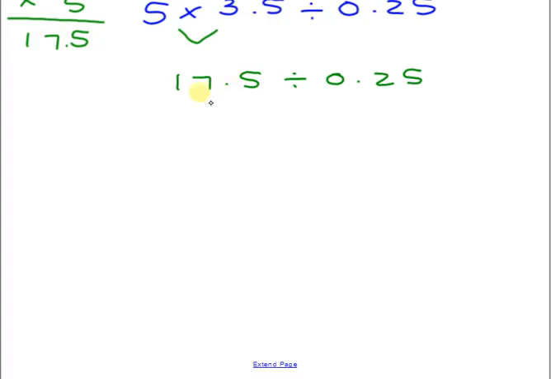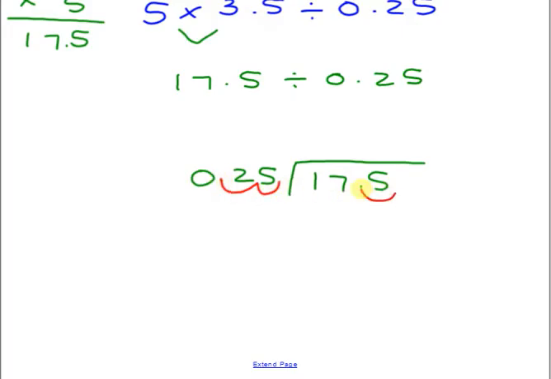I know that my first number goes inside the division bracket, and this number goes outside, but I know that I cannot have a decimal on the outside. So I need to move it to make it a whole number. I moved it twice, so I need to move it twice outside, and I'm going to add a 0 here, and I'm going to rewrite it now so it's clear.